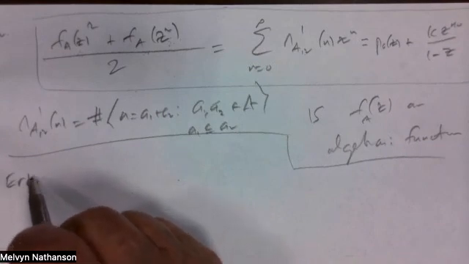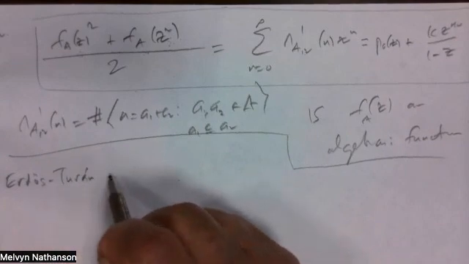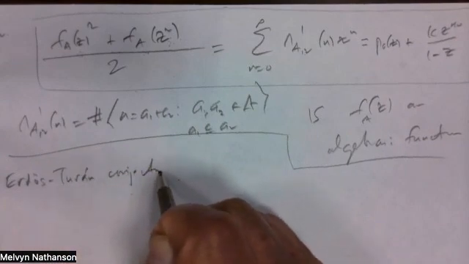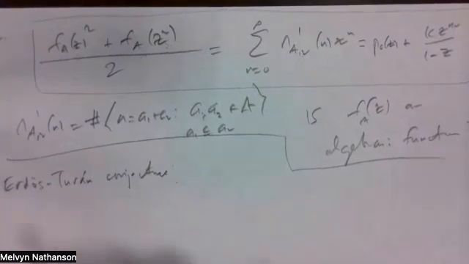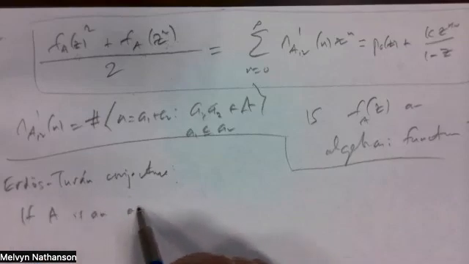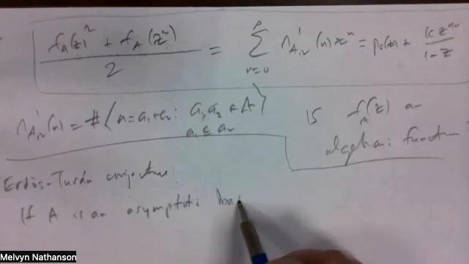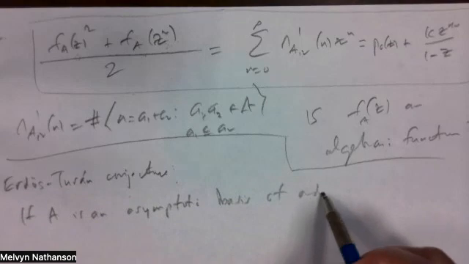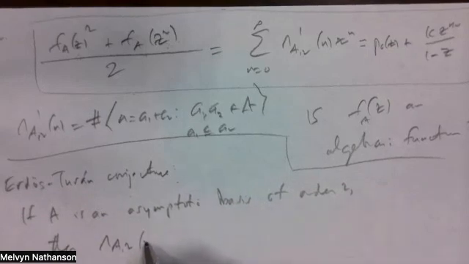So this is one of the two statements that are called Erdős-Turán conjectures, out of many, but the two really famous ones. And the one out of number theory says the following. If A is an asymptotic basis of order 2, then the representation function, no matter which representation function you pick, is unbounded.